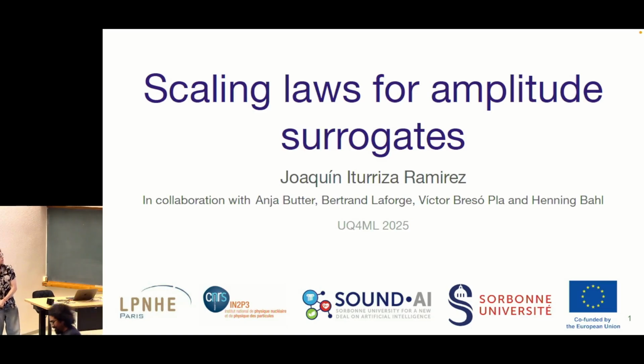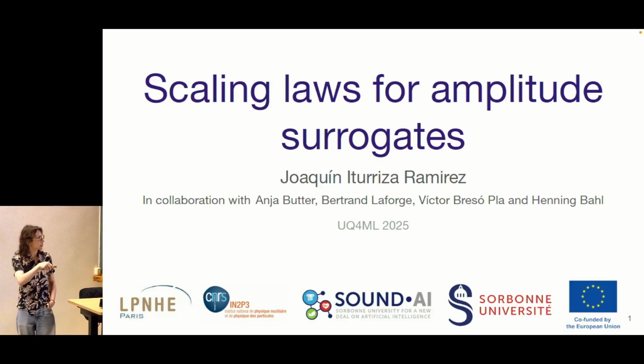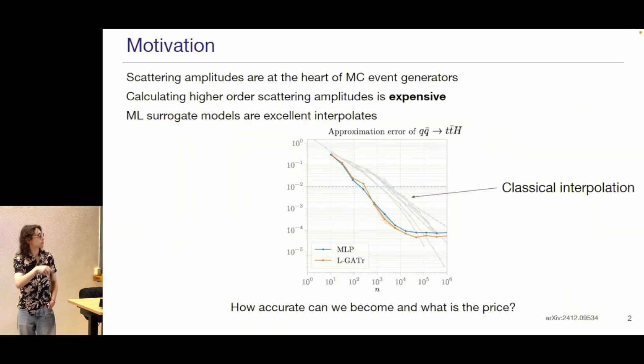Okay, yeah. So I'm going to talk about the scaling laws for amplitude surrogates, which is a bit more on the theory side, but just to motivate it a little bit, you know that scattering amplitudes are at the heart of Monte Carlo event generators, and calculating them is quite expensive, especially when you go to higher orders.